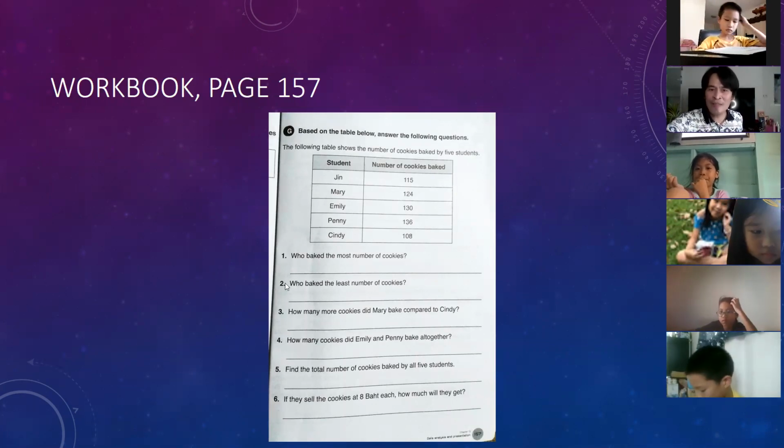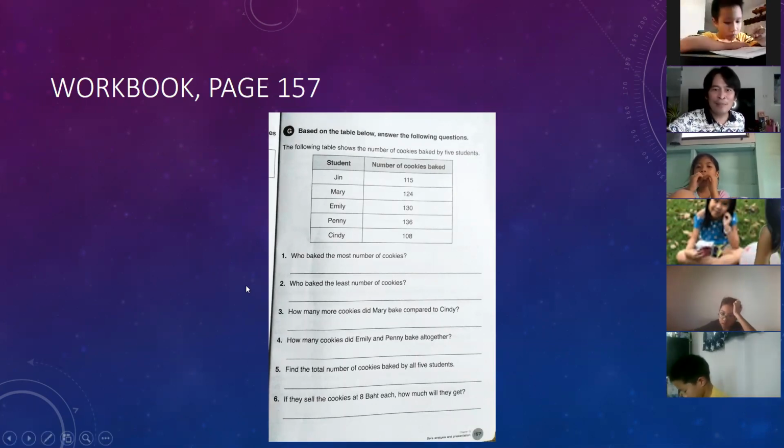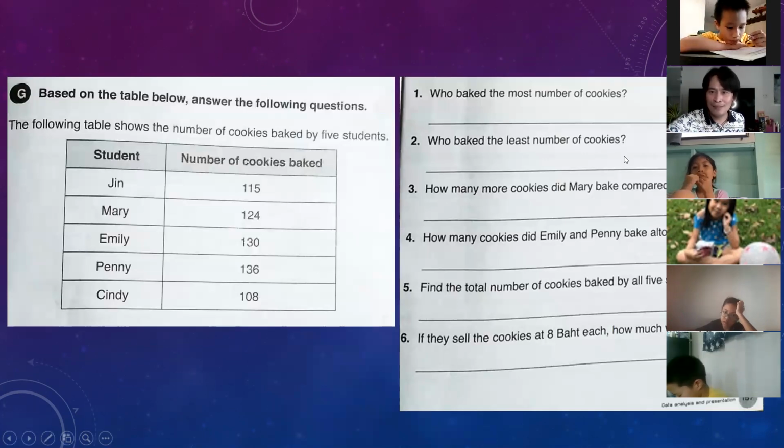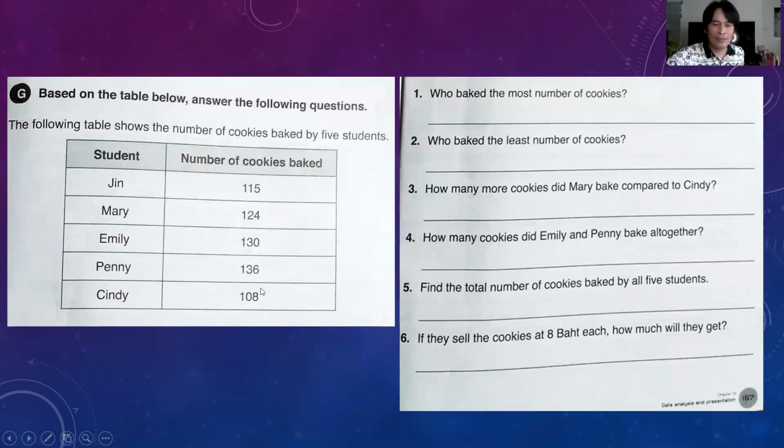Okay, so do you need my help or you can do it by yourself? Okay, so this is our deal. If you are finished today, no homework. Clap, clap, clap. If you're not finished today, you have homework. Clap, clap, clap. So you need to do it now, so that no homework.